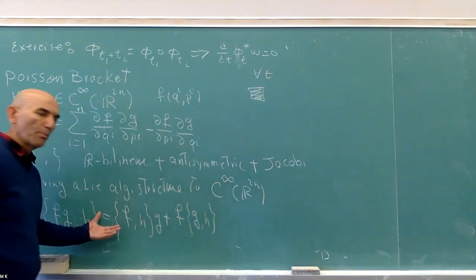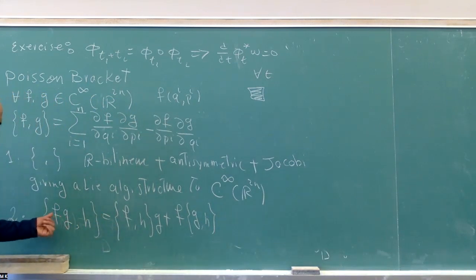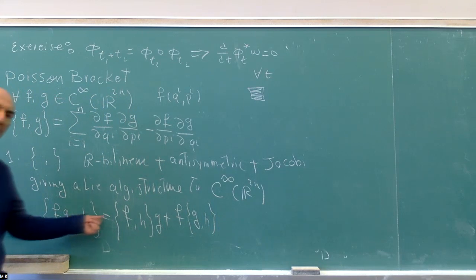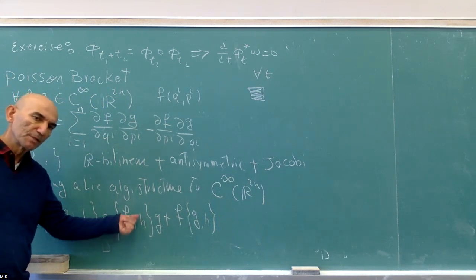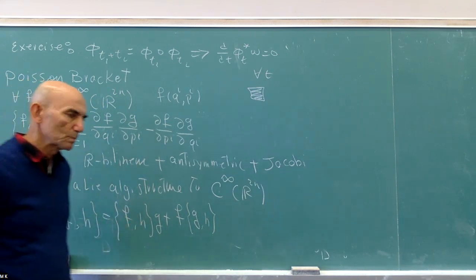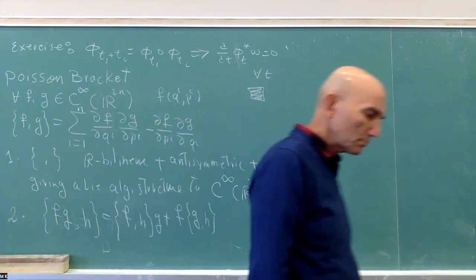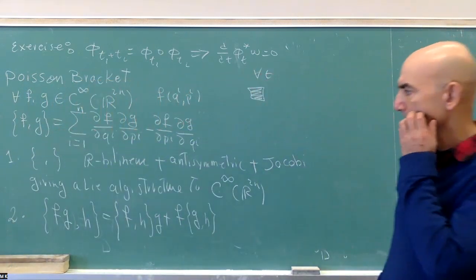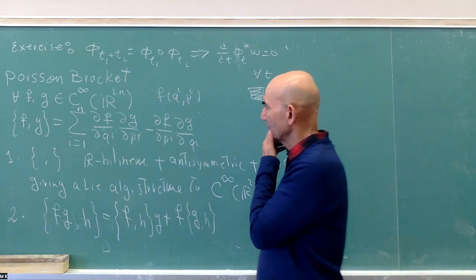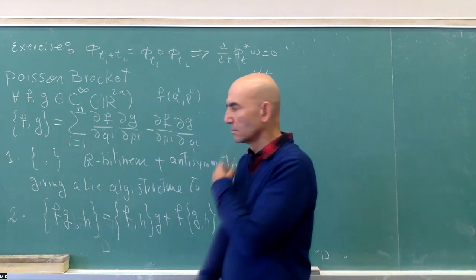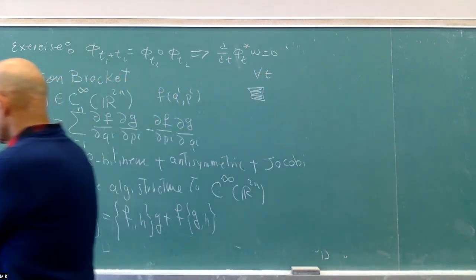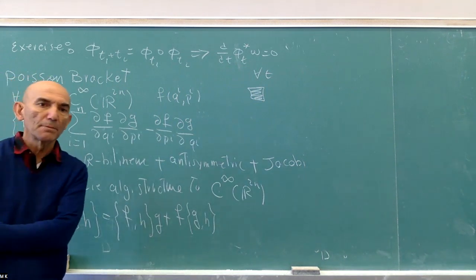So there is this sort of compatibility. It shows that multiplication is a derivation with respect to this Lie product, the Lie brackets. So this is the Poisson bracket.